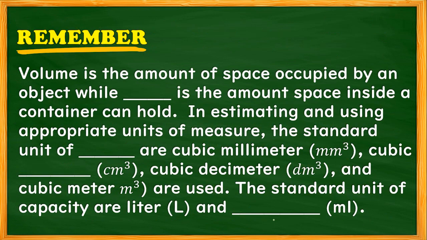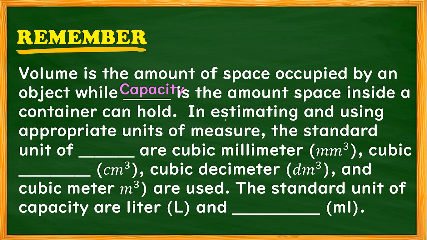So remember, grade 5 pupils, the volume is the amount of space occupied by an object, while capacity is the amount of space inside a container can hold.